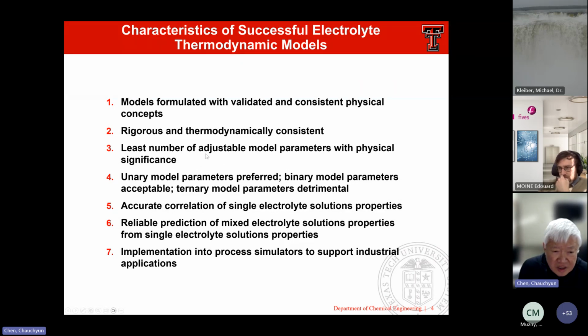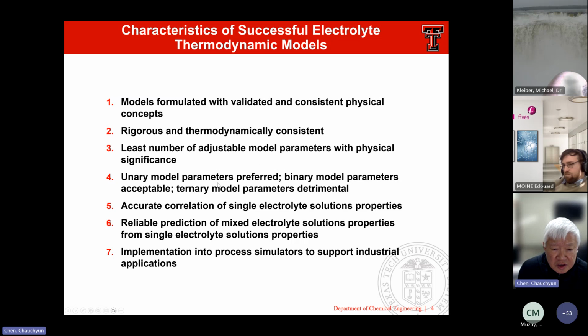Talking about this, I want to mention the reason the Pitzer model could not be used in process simulation is because it has too many adjustable parameters, and you cannot identify those parameters in a unique way to allow for robust prediction for mixtures.